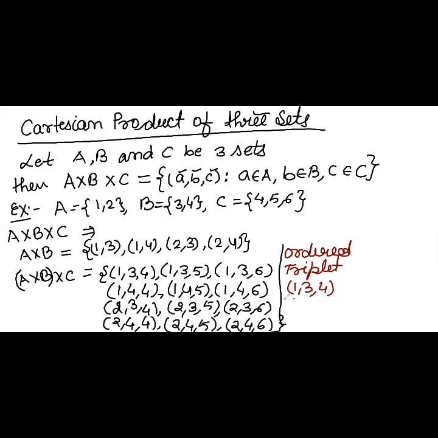So these all are ordered triplets: (1, 3, 4), (1, 3, 5), (1, 3, 6), (1, 4, 4), (1, 4, 5), (1, 4, 6). Okay. So this is not in your syllabus, but you have to know about it. Because of that, I have shown it here.